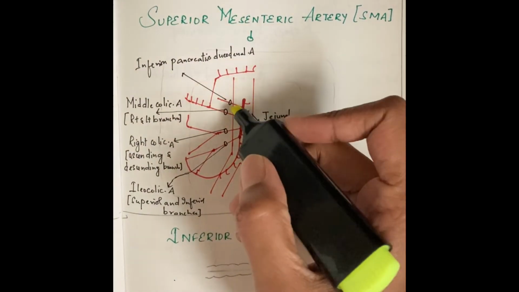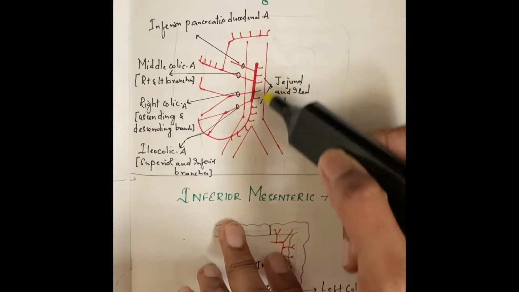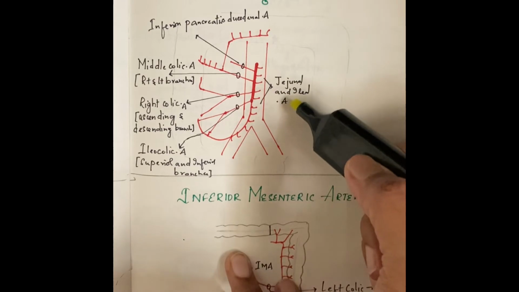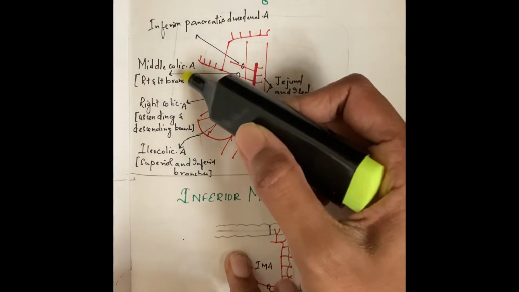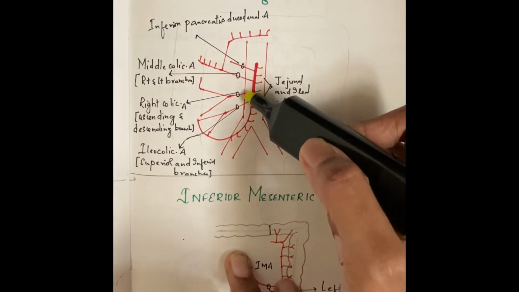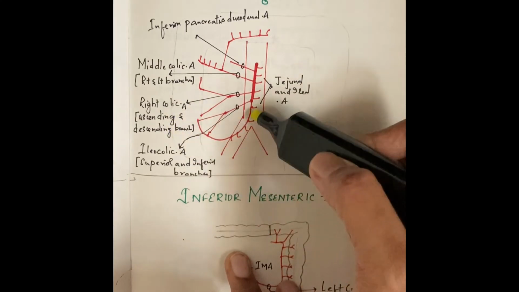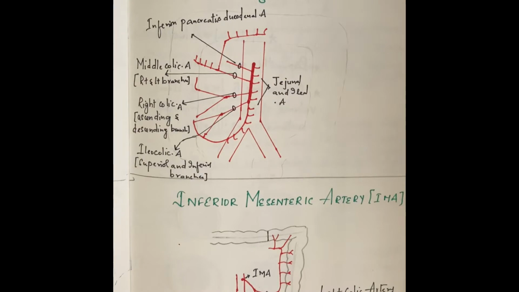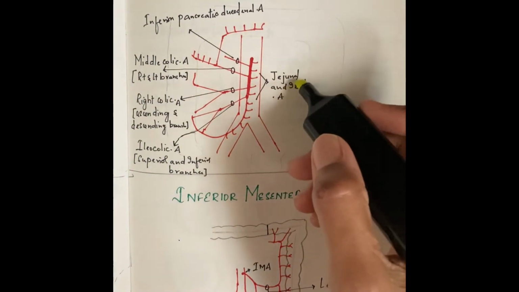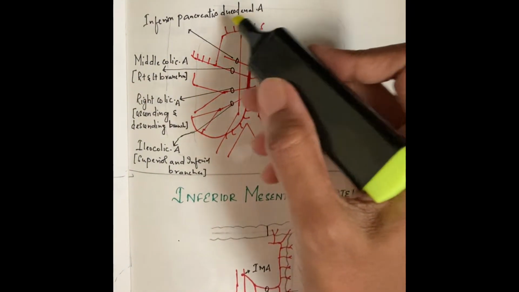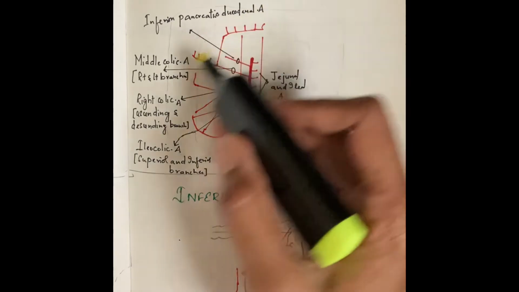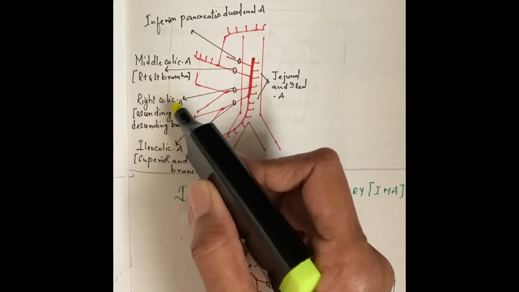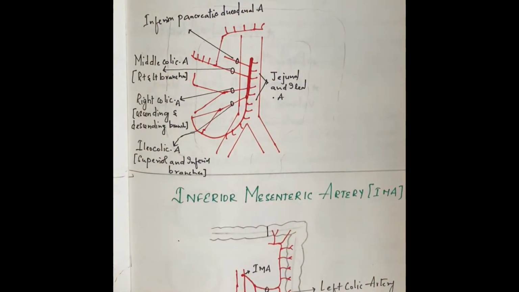It gives the inferior pancreaticoduodenal artery, branches to jejunum and ileum, the middle colic artery with right and left branches, the right colic artery with ascending and descending branches, and the ileocolic artery with superior and inferior branches.